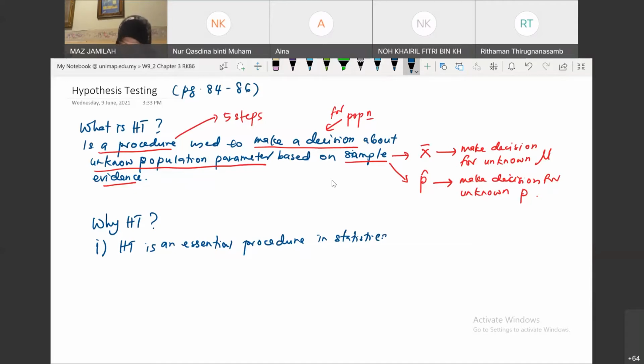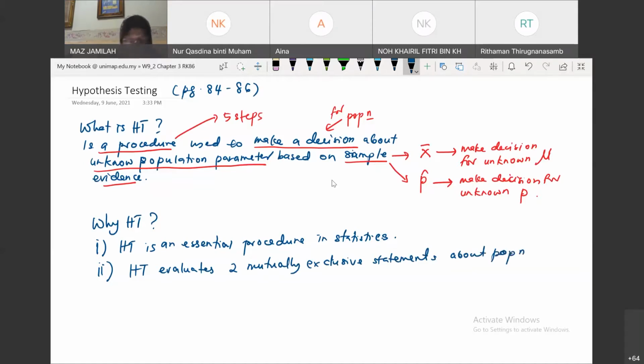Essential in statistics. Number 2, hypothesis testing evaluates two mutually exclusive statements about the population to determine which statement is best supported by the sample evidence.